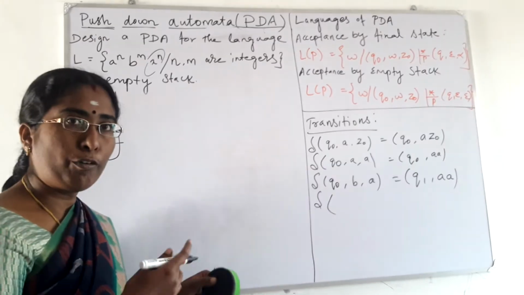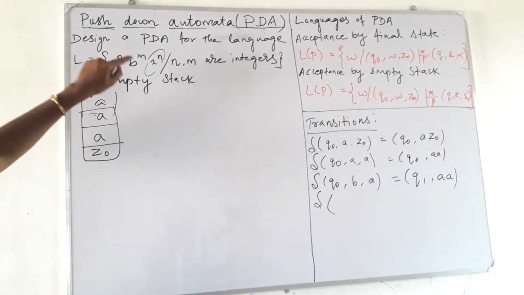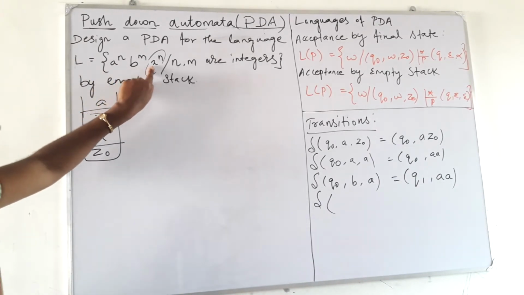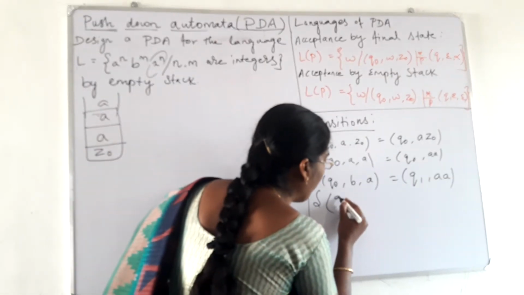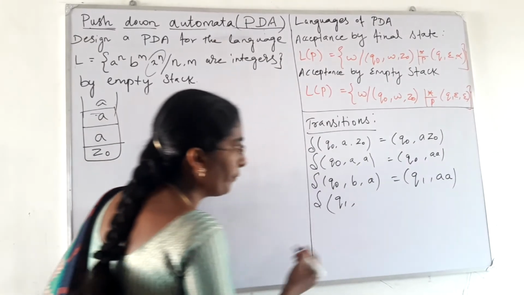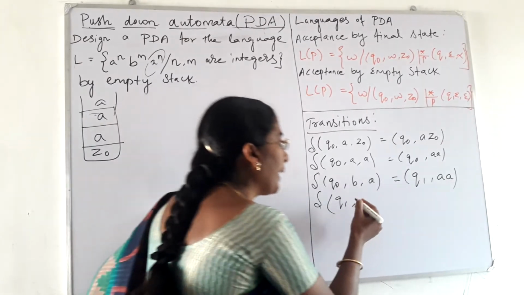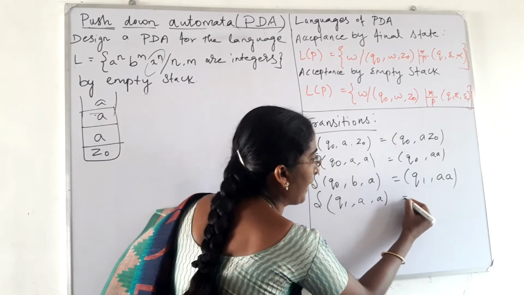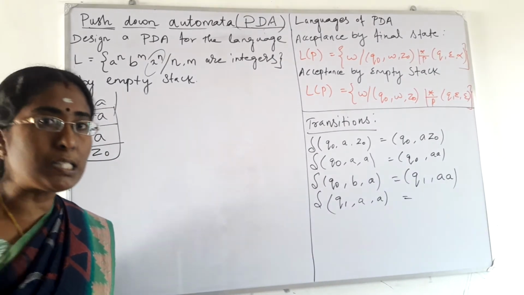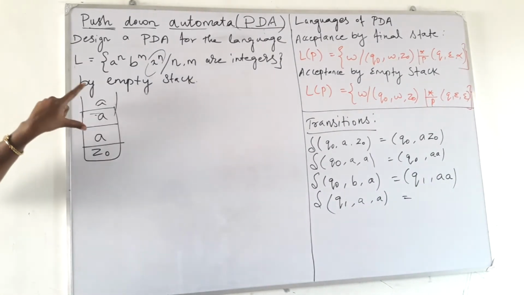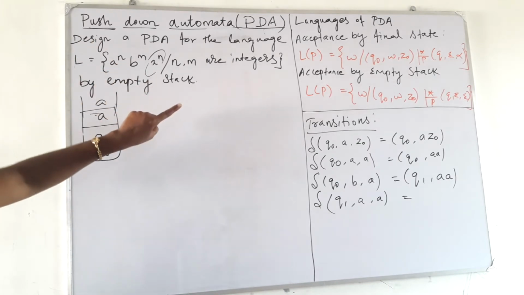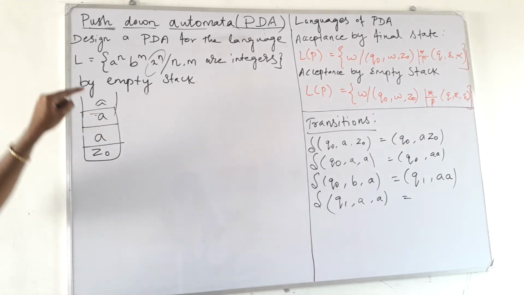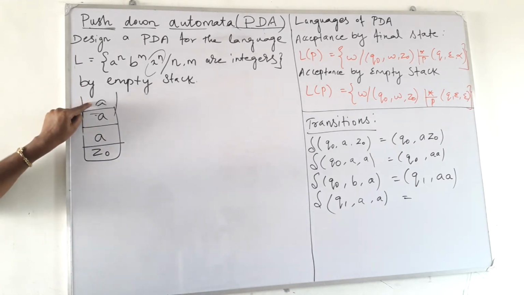After reading m number of B's, it is again going to read the symbol A from the state Q1, with the top of the stack as A. Here we already have n number of A's. If you are reading the same n number of A's in the last position, that A should be compared with the A's present on the stack.